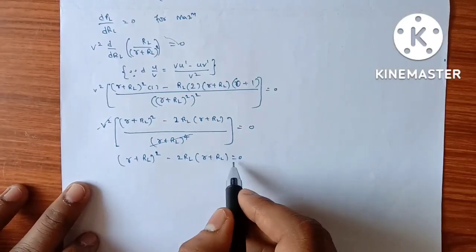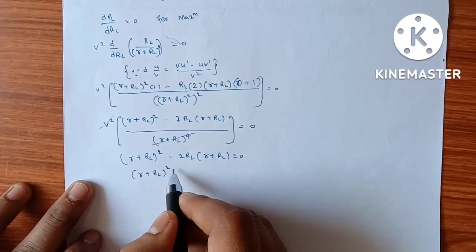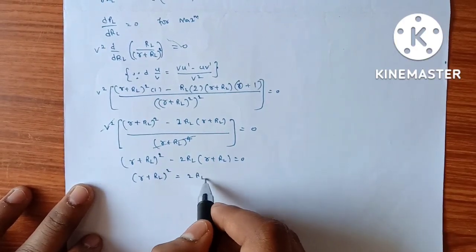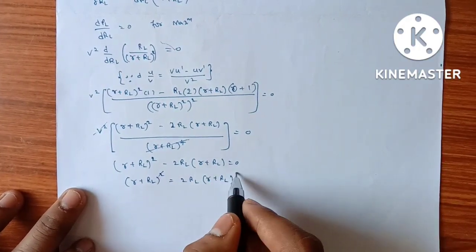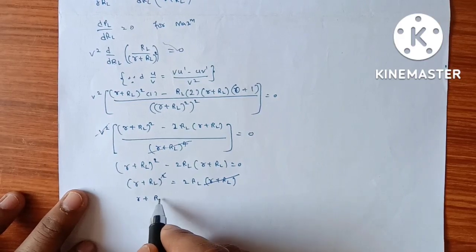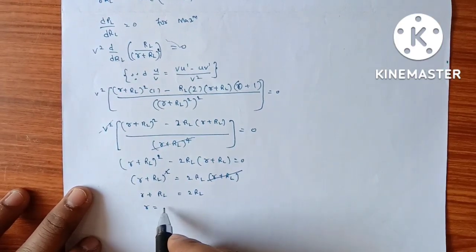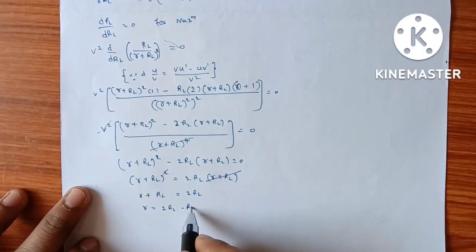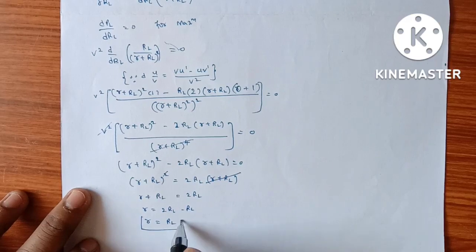Now take this term to the other side, then the equation looks like this, which is equal to 2RL of (R plus RL). Here the square and this term are going to cancel, again we are left with R plus RL is equal to 2RL. R is equal to 2RL minus RL, then R is equal to capital RL.